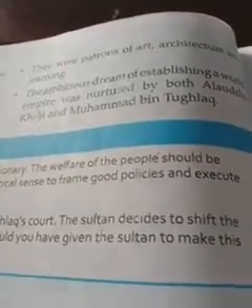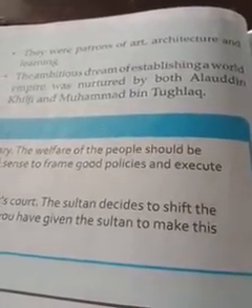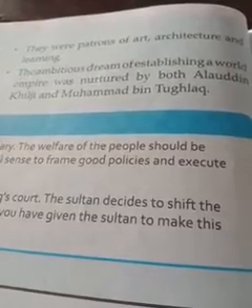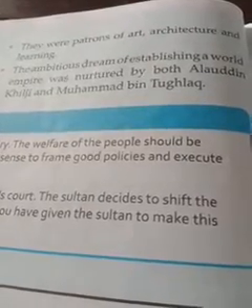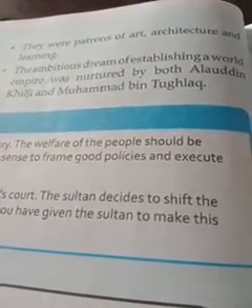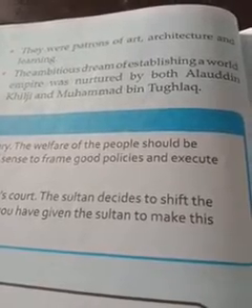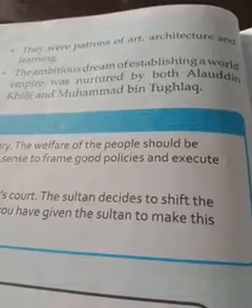Second, similarities. They were patrons of art and architecture and learning, so they had built many buildings, forts, etc., and they had translated Hindu texts from Sanskrit into the Persian language.